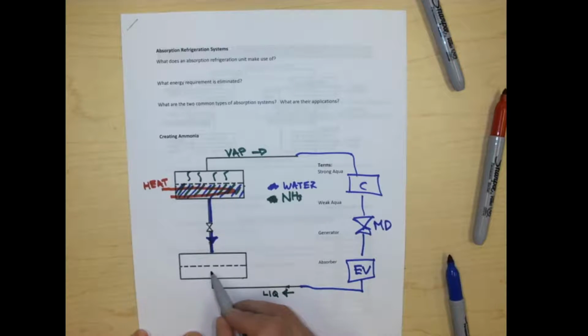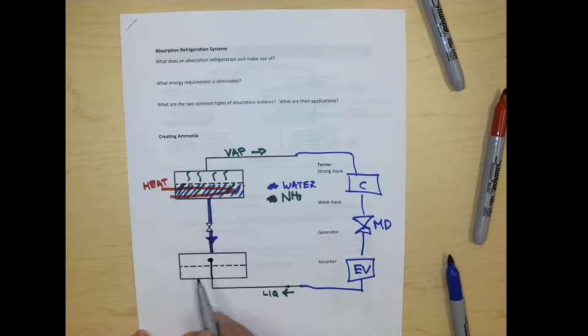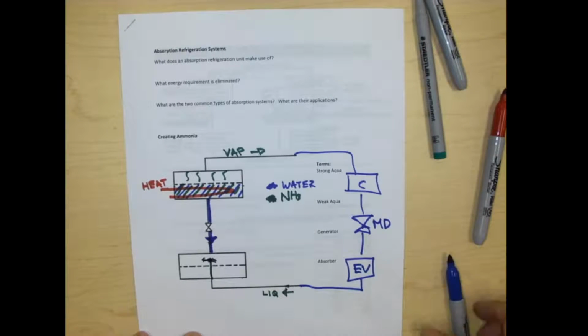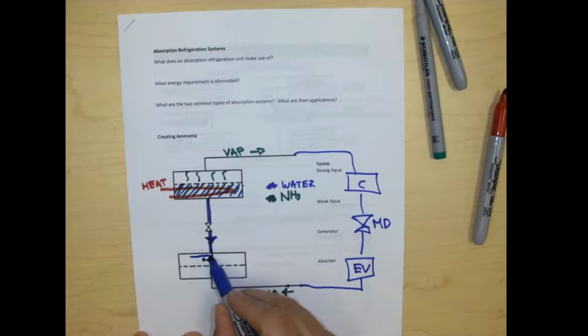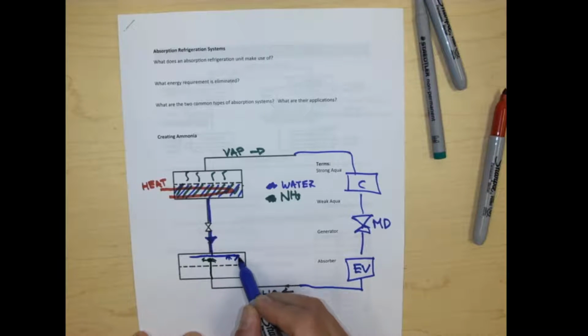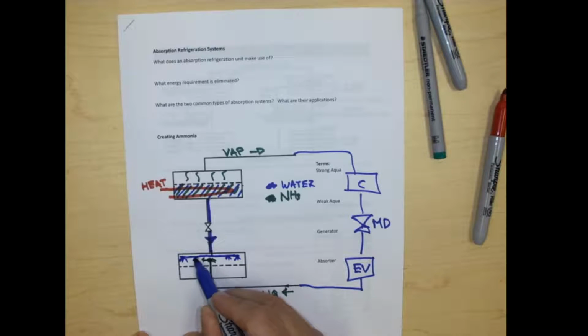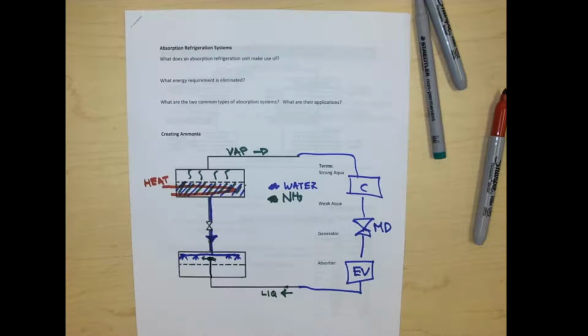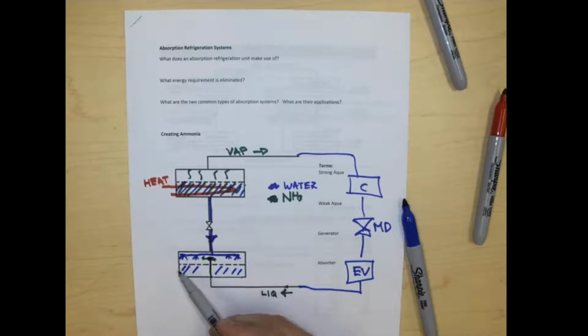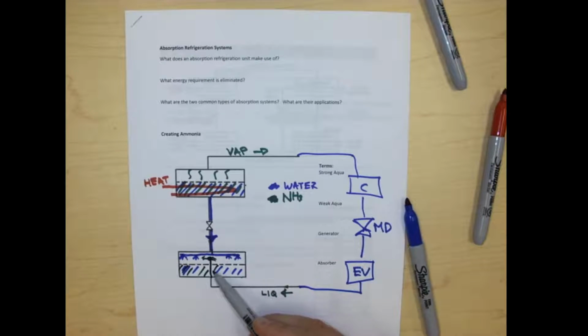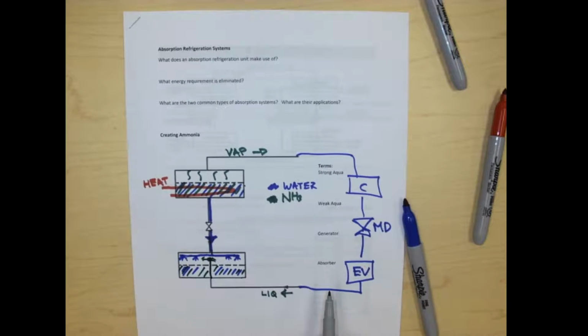So what I do is I carry this guy through, and my liquid ammonia is going to be added into my system. Okay, so this guy's kind of coming in. And then as well, my water comes in, and he's going to get sprayed in. And hopefully at that point, what happens is I get some water, and it's going to mix with some ammonia.